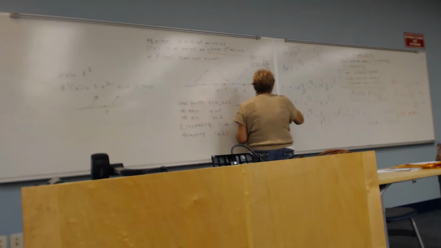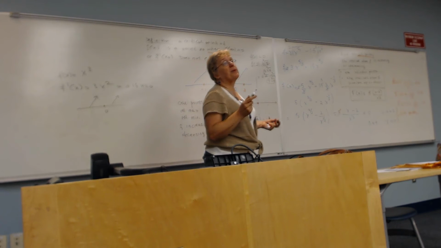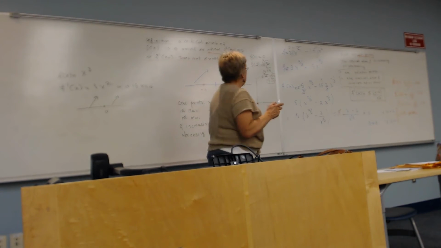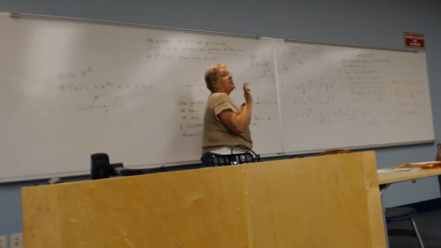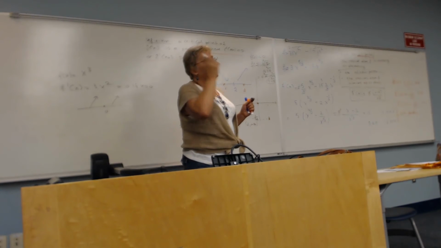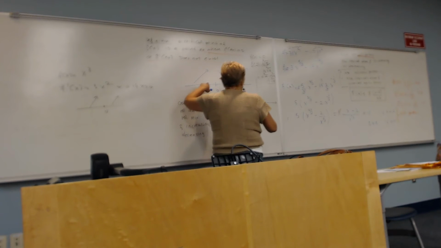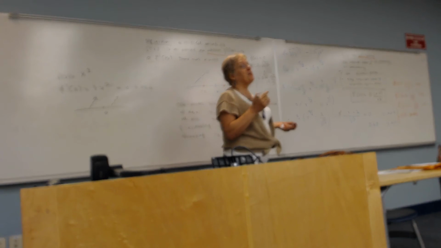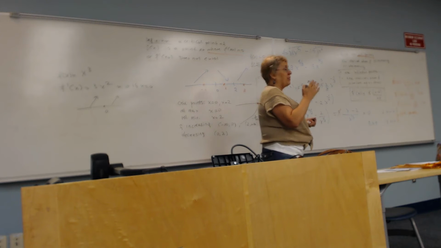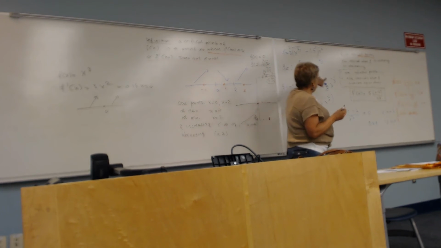So we have to decide what's happening at 0 here. The function is defined, it's equal to 0, so it is coming from minus infinity and it goes up, right? The derivative is not defined.